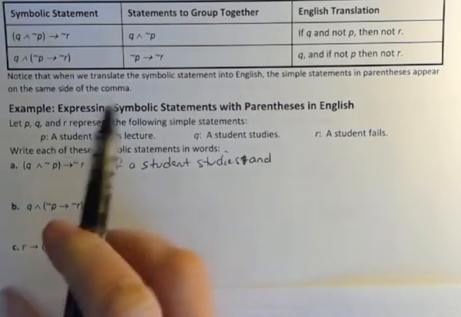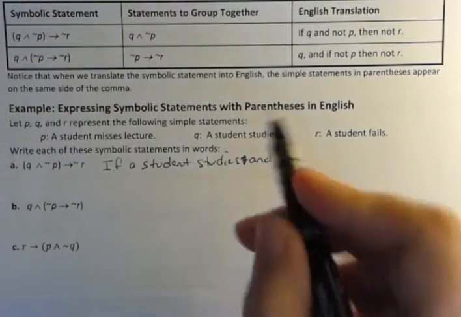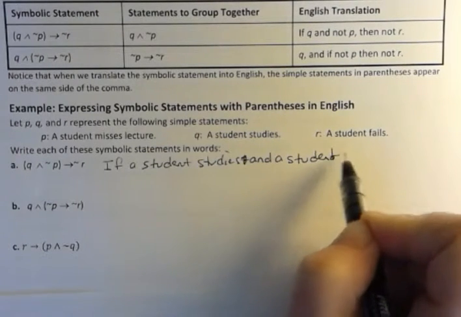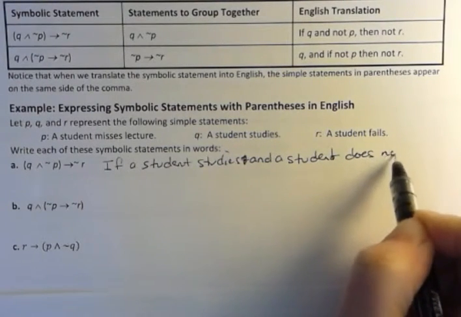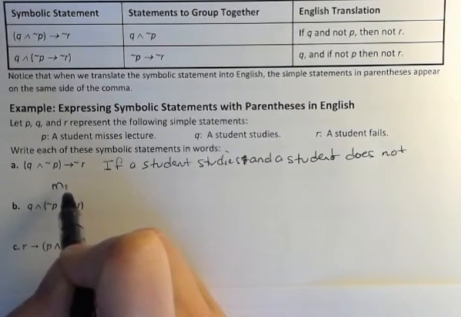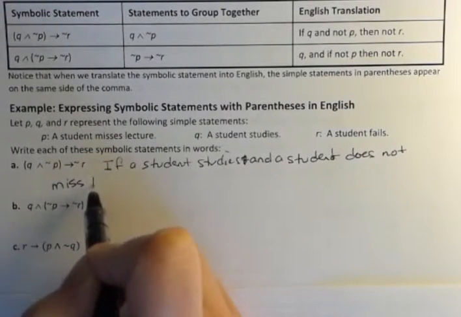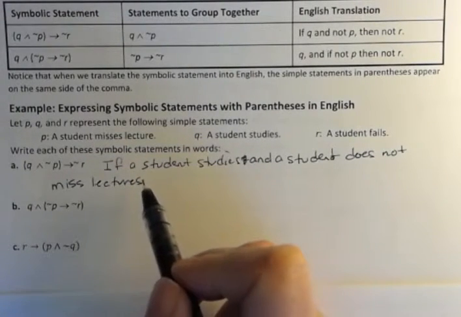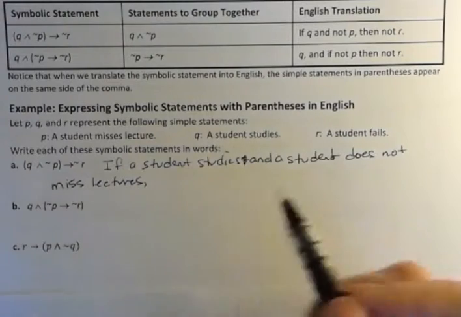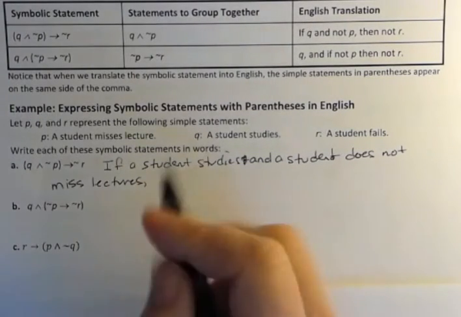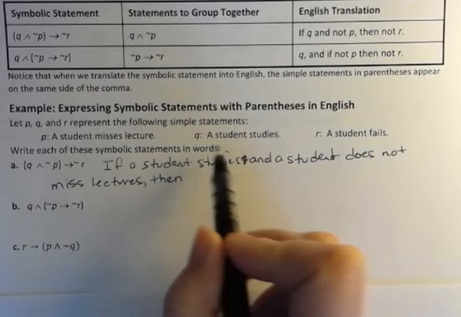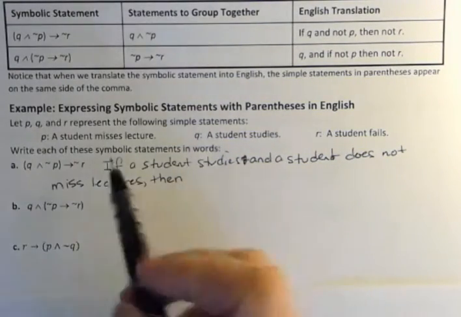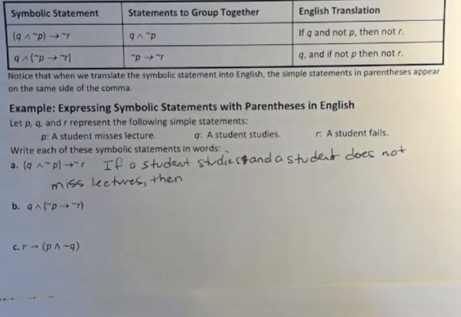This means they do not miss the lecture, and a student does not miss a lecture. Then, and that's why I'm going to put a comma, because that's where my parentheses ends. Then what? The student does not fail. So R is fail, so this is not.